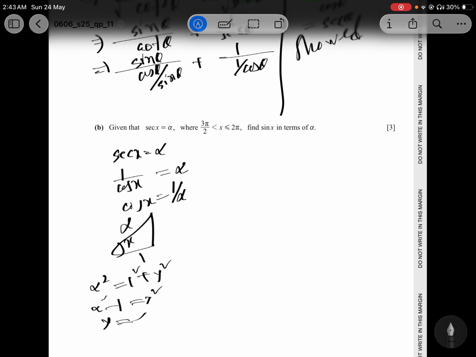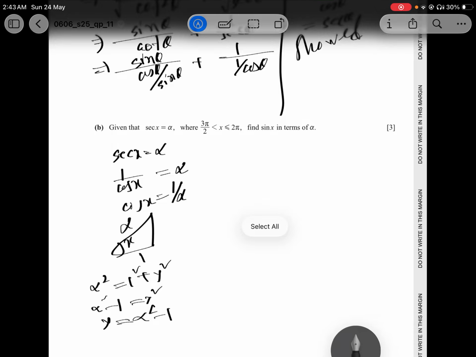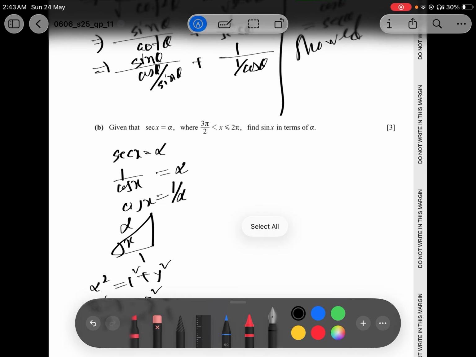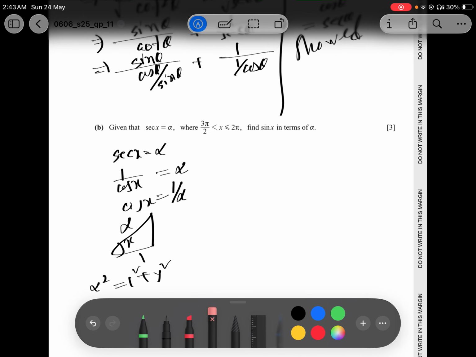So our y value should be, okay, I got the thing. What I got? Root over alpha square minus 1.